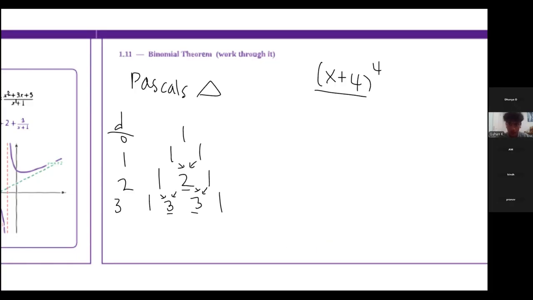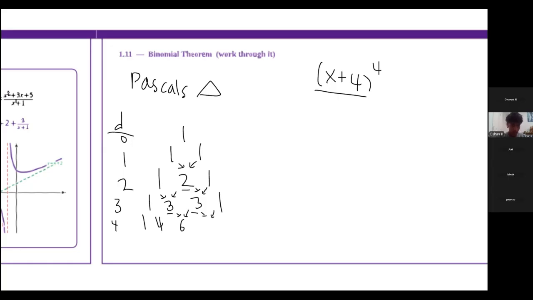Okay, so x plus 4 to the fourth. First, let's expand Pascal's triangle one more time. Degree is 4 now. So remember, as we're increasing in degrees, we just go 1 on the outside, and then we add these two terms, so it's 1 plus 3, 4. Then what's between these two terms? We have to add the two terms, so 3 plus 3, 6, and then 3 plus 1, 4.